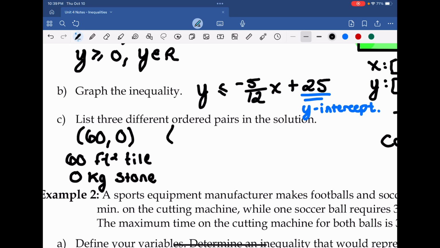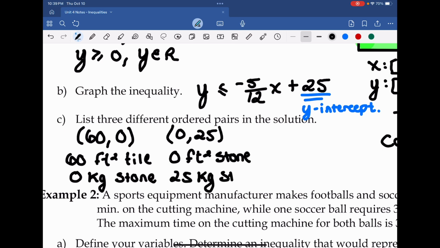For my other point, I could say it was 0 and 25, which was the y-intercept. So my project could include 0 square feet of tile for the mosaic, but 25 kilograms of stone. That would also be an option.